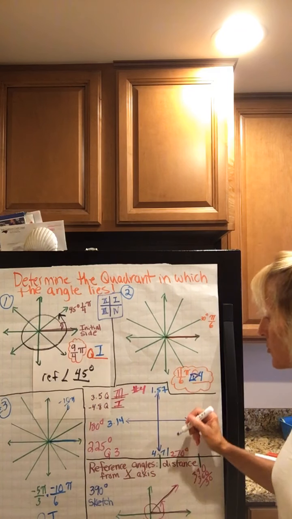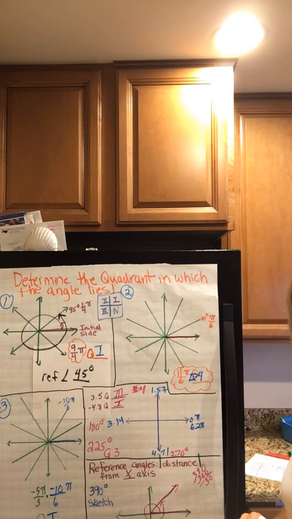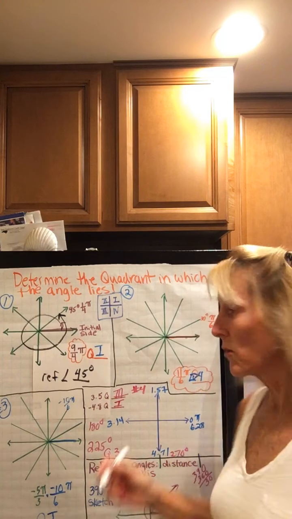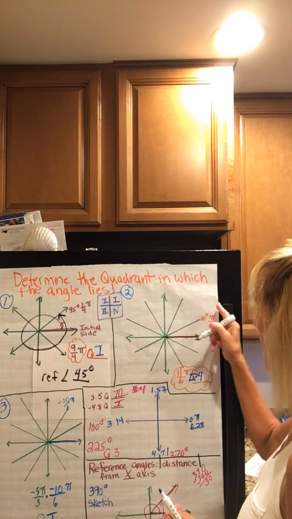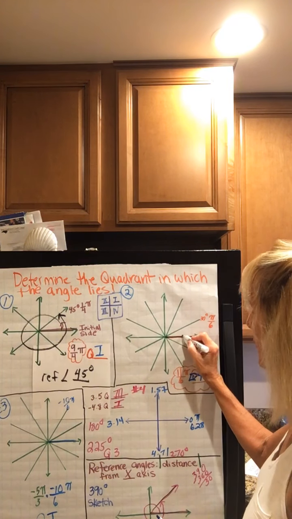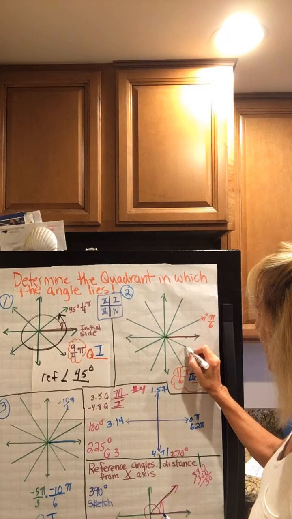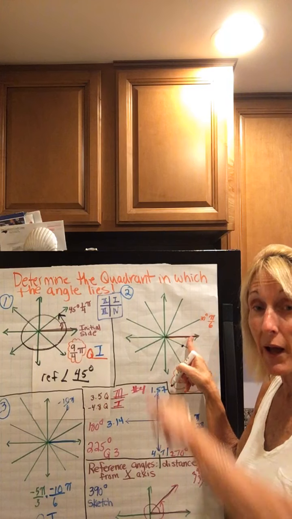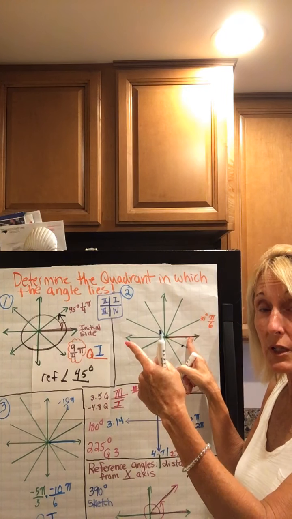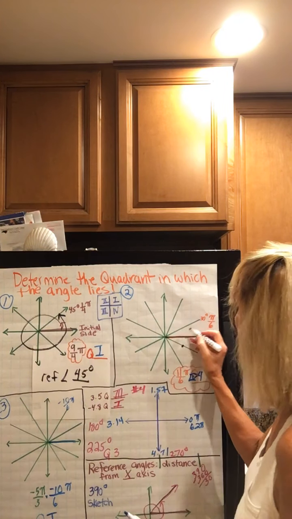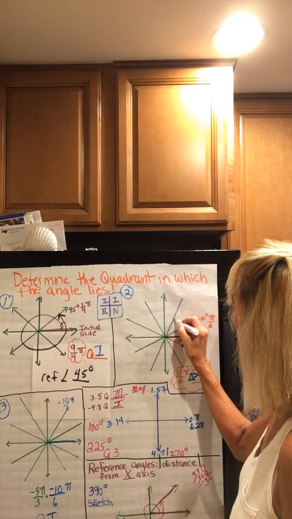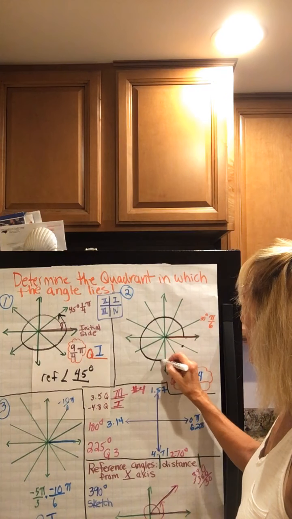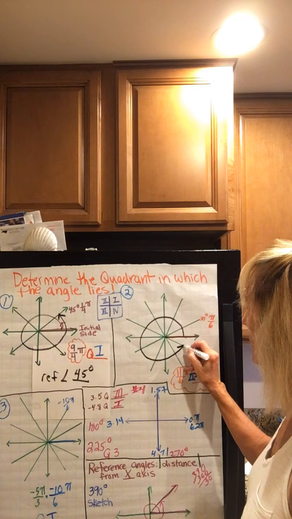Now let's do 11/6 pi. If I sketch that graph, starting here at the initial side, it's positive, so I'm going to go counterclockwise. We ended up right here. That was 11/6 pi, because 12/6 pi all the way around the circle is 2 pi. I'm going to go all the way around to 11/6 pi.